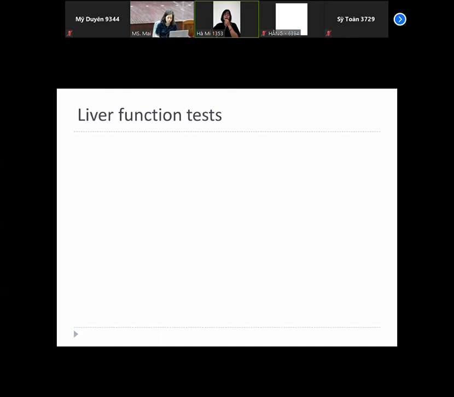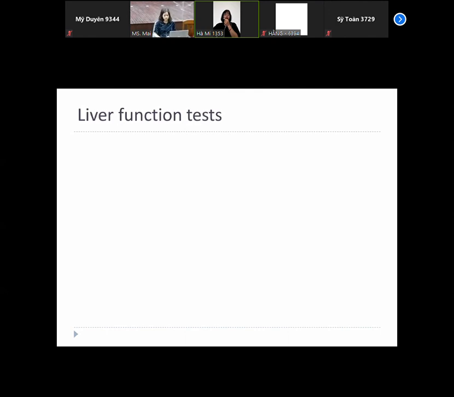Some of these tests measure how well the liver is performing its normal function of producing protein and clearing bilirubin, a blood waste product. Other liver function tests measure enzymes that liver cells release in response to damage or disease.